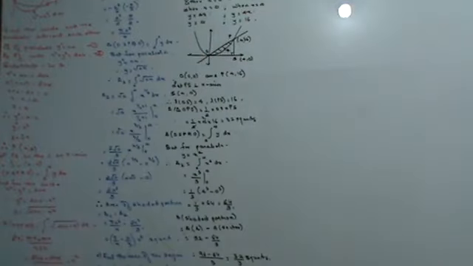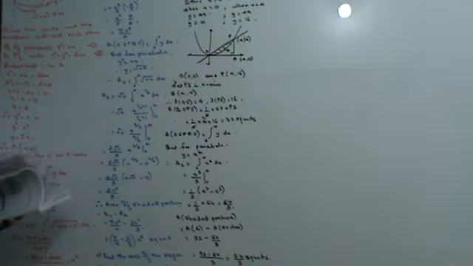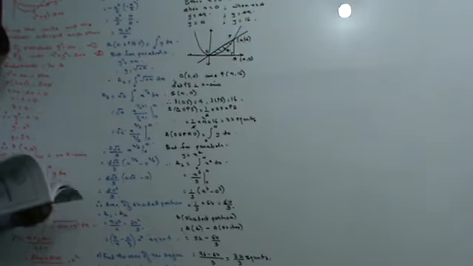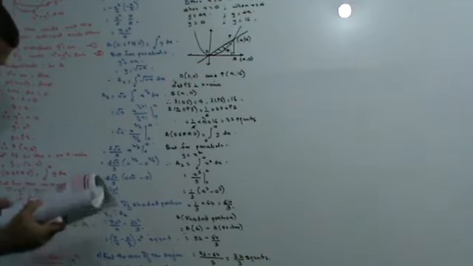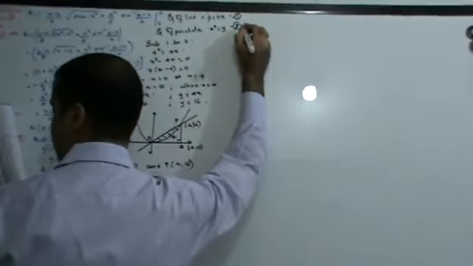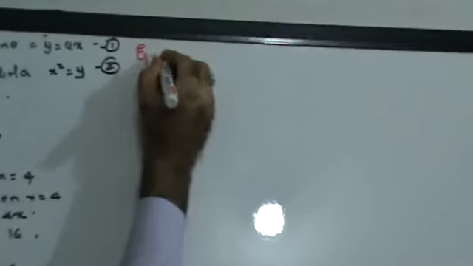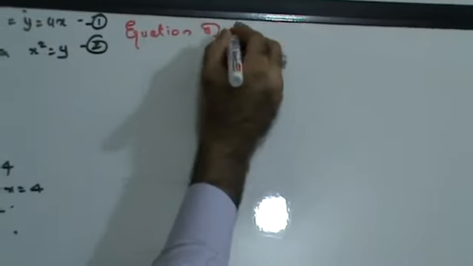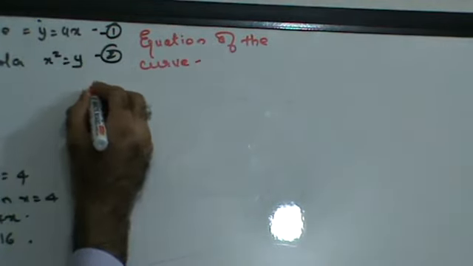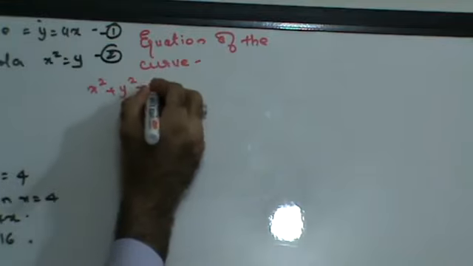Like when we were doing area, the area of any curved object was the integral of y with respect to x. Similarly, you can say that the volume of any object is nothing but pi times the integral of y square with respect to x. So I can say that straight away. First, let's find out the limits. The equation of the curve is nothing but x square plus y square is 25.